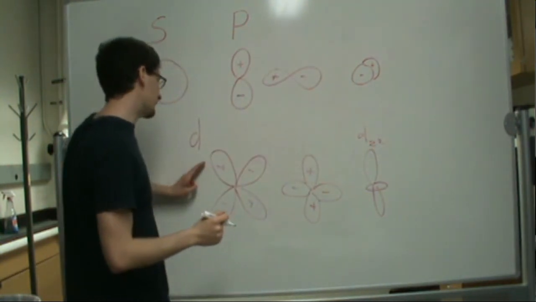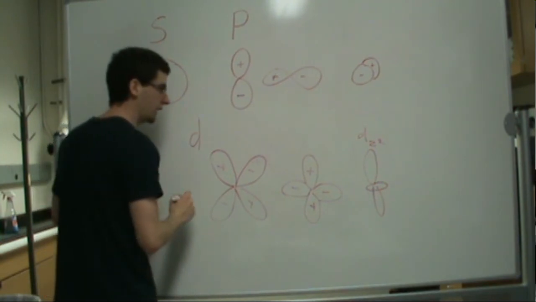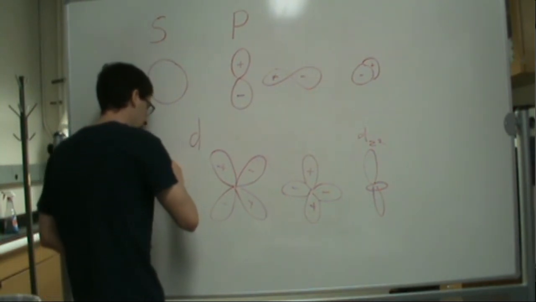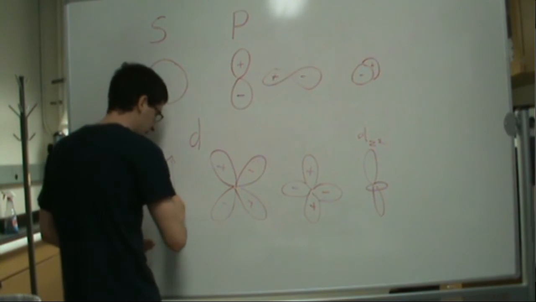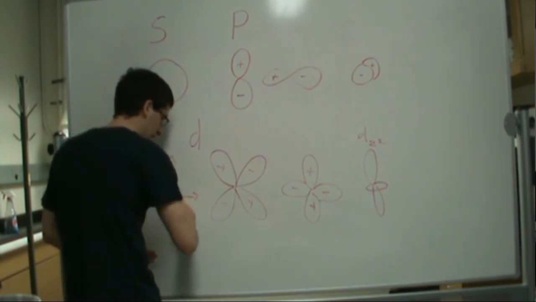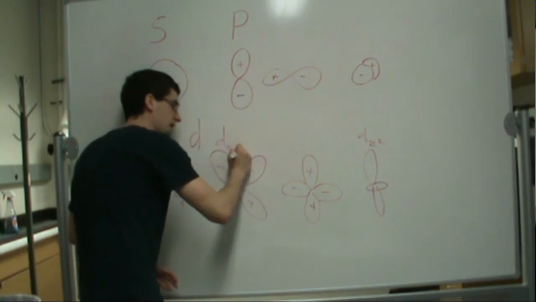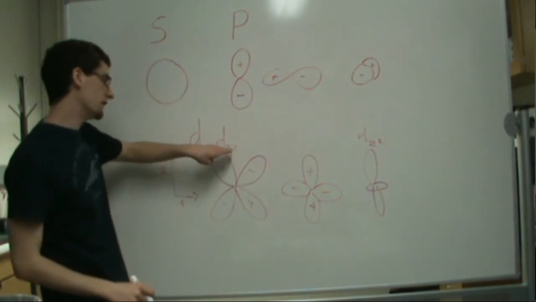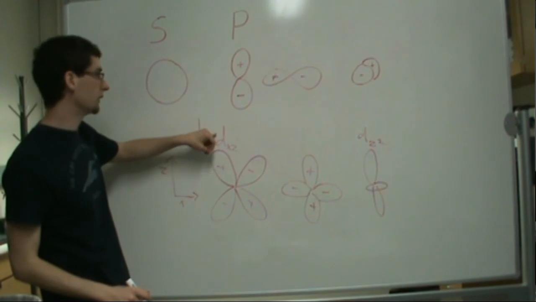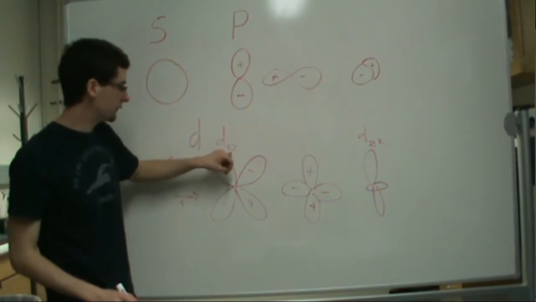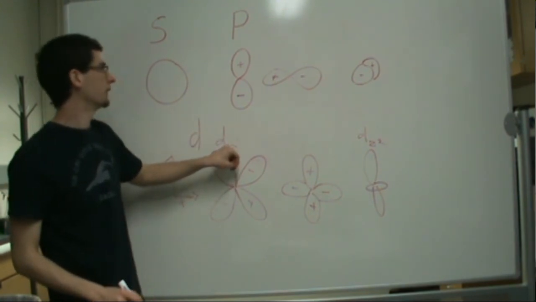And it depends on your axes, but let's just call this axis the z-axis, and this one the x-axis. So this one would be known as the dxz. And the reason is that what we denote is our orbital and what direction our orbital is in.